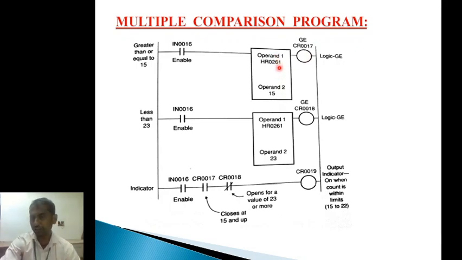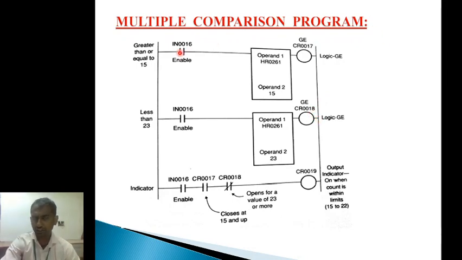If this is greater than or equal to, then this particular output will be on. And similarly here also we have the greater than or equal to. In the same value, that means HR0261, but in operand 2, in the previous we have 15, but now we have 23. We can make the comparison with 23, and if the comparison is completed, then this particular CR0018 output will be on.